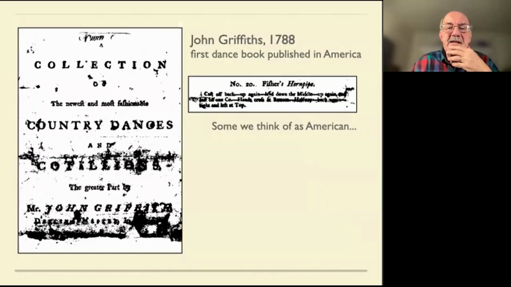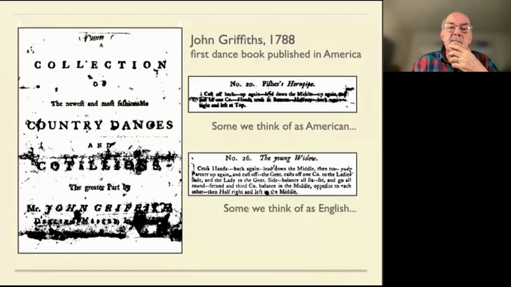One of the tunes and dances in that book, Fisher's Hornpipe, we think of now as a contradance, and the tune is still played on contradance floors. So this is a book from 1788, which means that we're entering our Jane Austen Regency era.